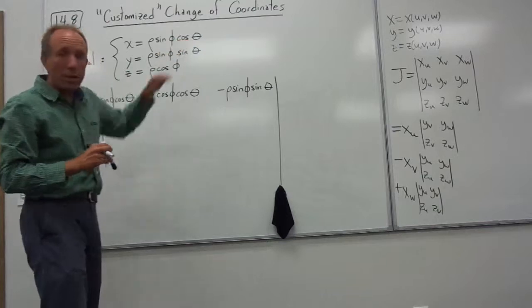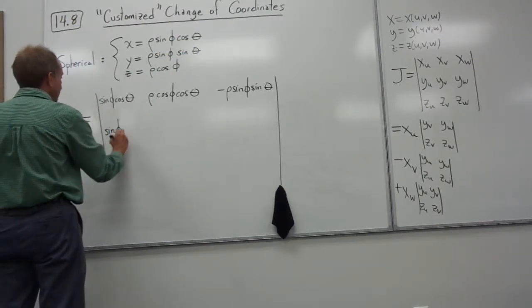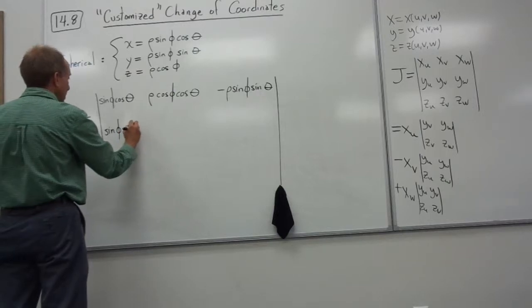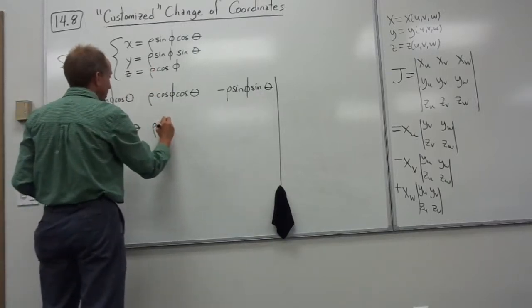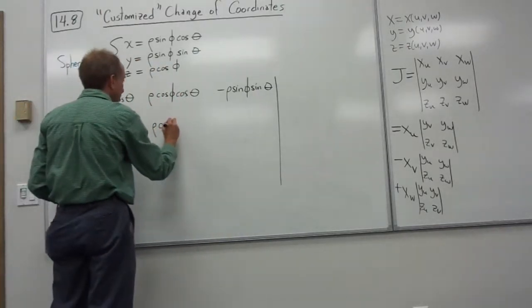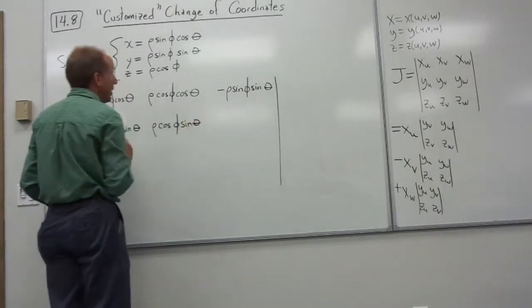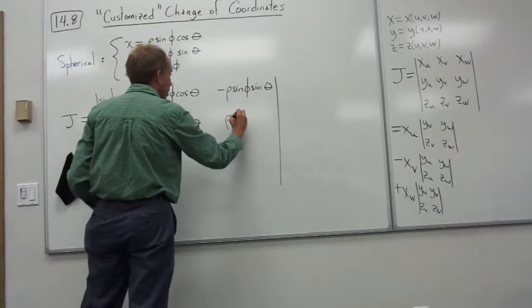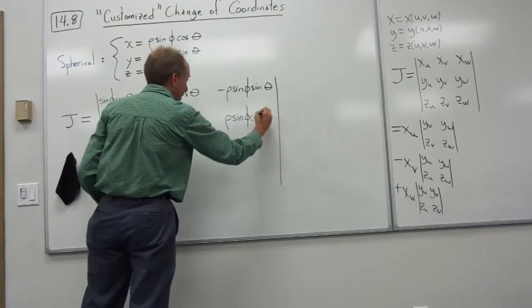The second row, I'm going to do the same thing for the y variable. So I'm going to get sine phi sine theta, and then rho cosine phi, right? So differentiating with respect to phi in the middle column, and sine theta. And then in the right column, I would have rho sine phi cosine theta, okay?